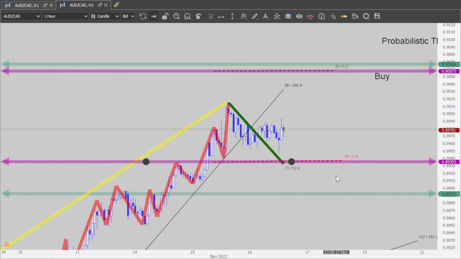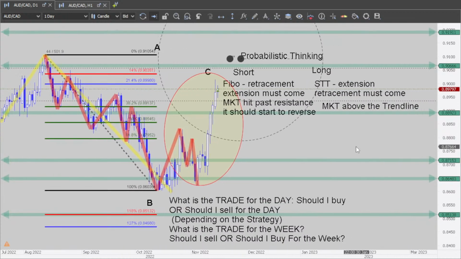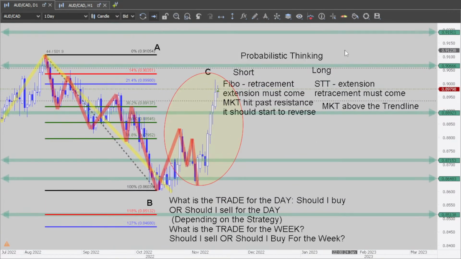We are here. Anybody else want to go long or short on AUDCAD? Everybody? Somebody is asking, boss, what would you do? I am shorting, everybody. I am going to wait for a crown on the 4-hour chart, and then I'm going to short the daily Fibonacci. This is how my strategy works.